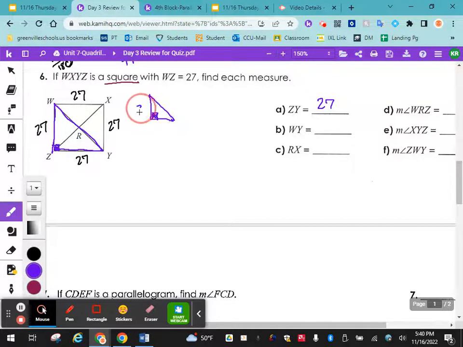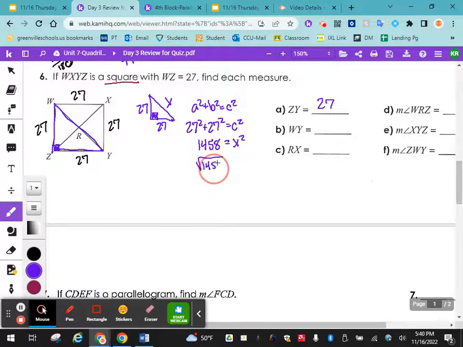You don't have to. So A squared plus B squared equals C squared. 27 squared plus 27 squared equals C squared. That equals x squared, 1,458. Take the square root of both sides, the square root of 1,458.